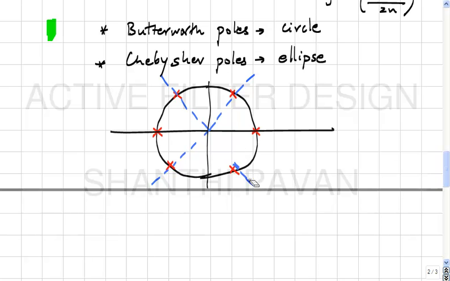Please note that the axes are the same, Butterworth or Chebyshev, correct? So the poles must lie on these axial lines, correct? It's only the distance which will change, right?